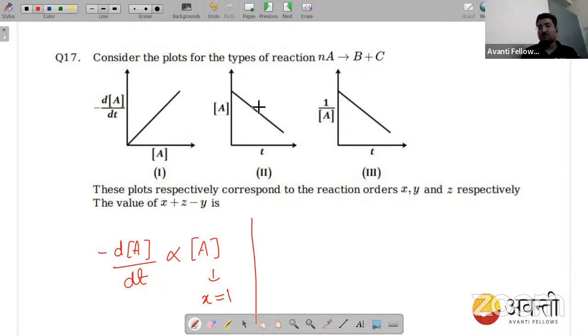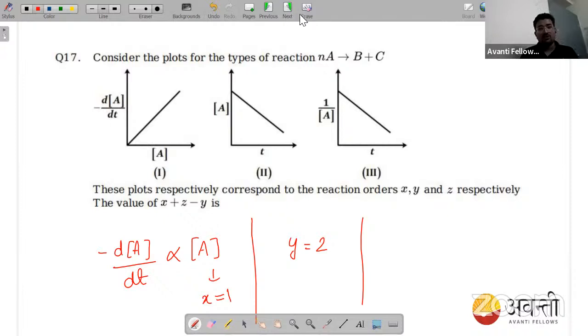Now coming to our second graph. In that case, you can see that the concentration is decreasing with respect to time and it is showing a straight line. So we might say it is second order, that means y equals 2. Oh sorry, no, it's not 2. It's 0.